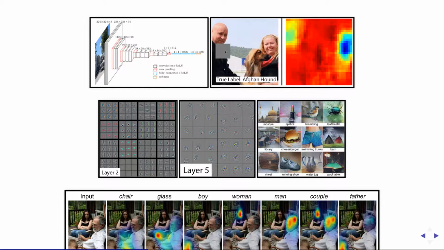So we've got this grey square here, and what we do is we slide it along occluding different parts of the image, and we plot how the output neuron activation varies over time. In this case we're looking at the activation of a neuron that fires for people. As we slide it over and we occlude the faces, you can see the neuron doesn't fire so heavily. So this can actually be used to localize objects in images as well.